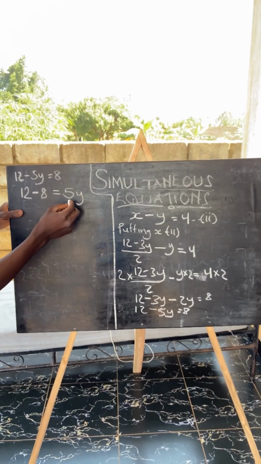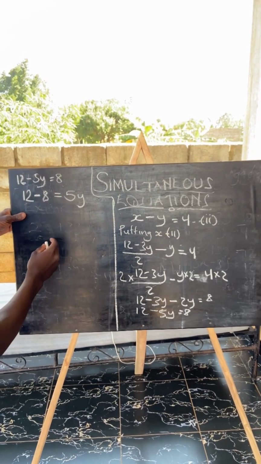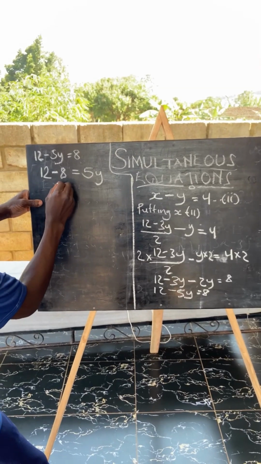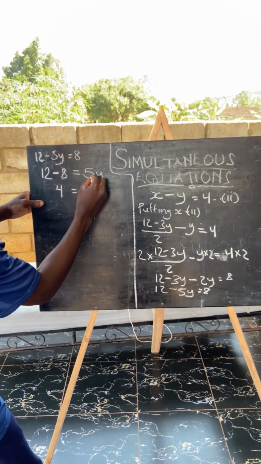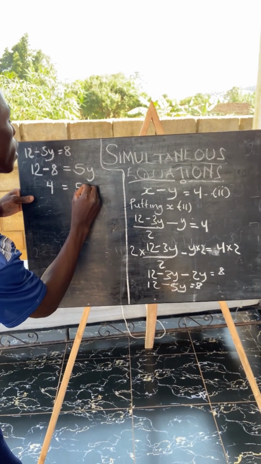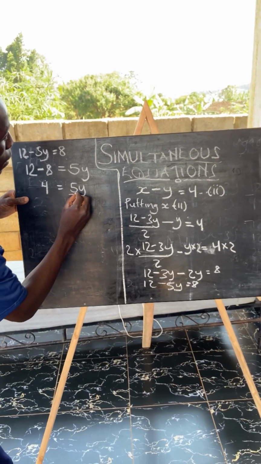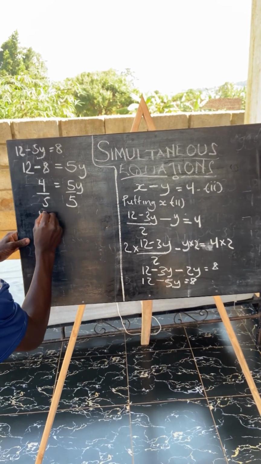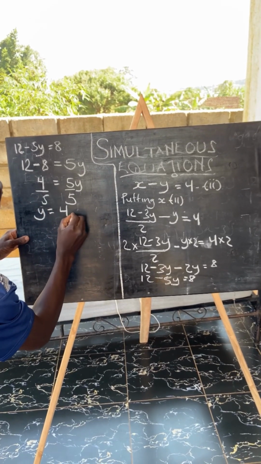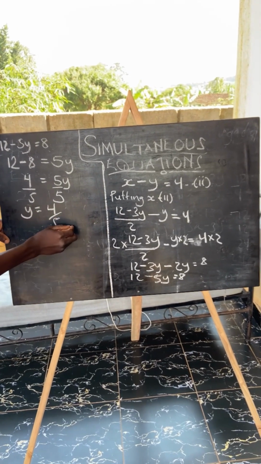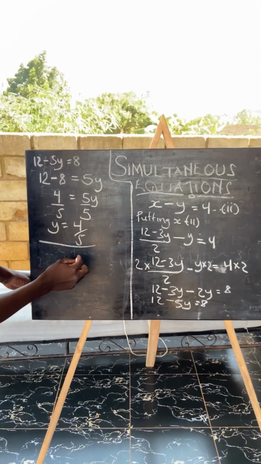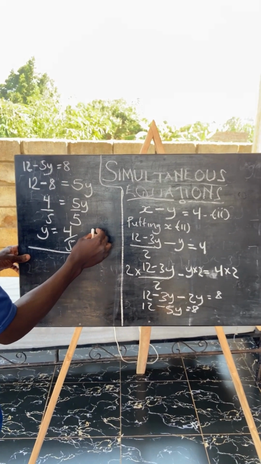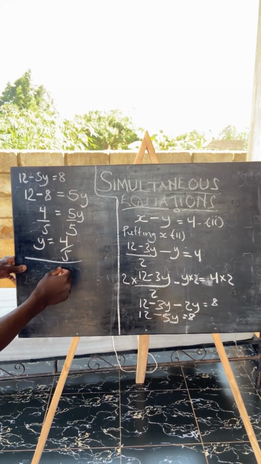If it crosses equal signs, it becomes a positive. So we'll get here 12 minus 8, which will be 4, equaling to 5y. So we divide both sides by 5. So we'll get our y as 4 out of 5, as before, when we obtained it by eliminating.